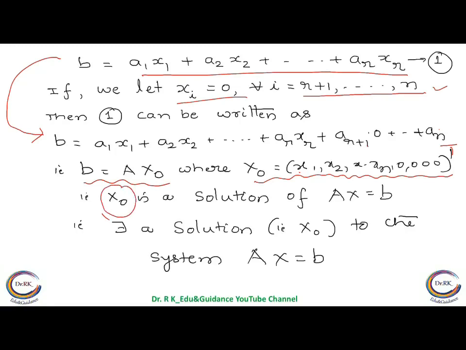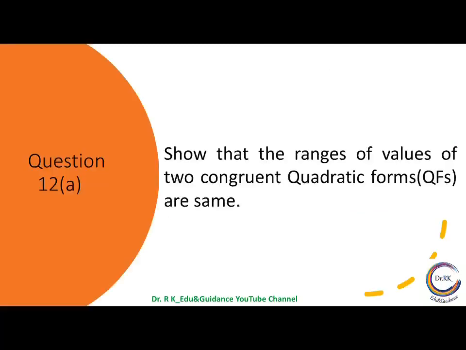Therefore x0 is a solution of Ax equals B. That means whenever rank of A equals rank of B, there exists a solution to the system Ax equals B. This is how to prove it. We need to practice this to get more comfortable with proving it.